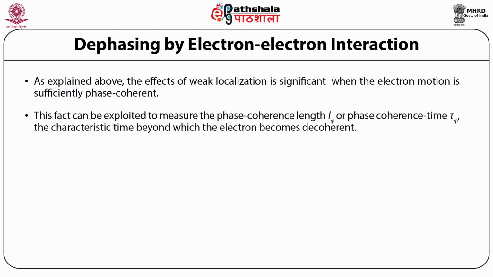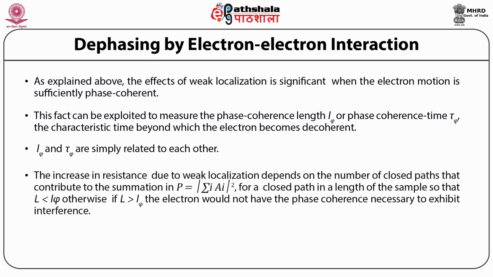This fact can be exploited to measure the phase coherence length L phi or phase coherence time tau phi, the characteristic time beyond which the electron becomes decoherent. So L phi and tau phi are simply related to each other.